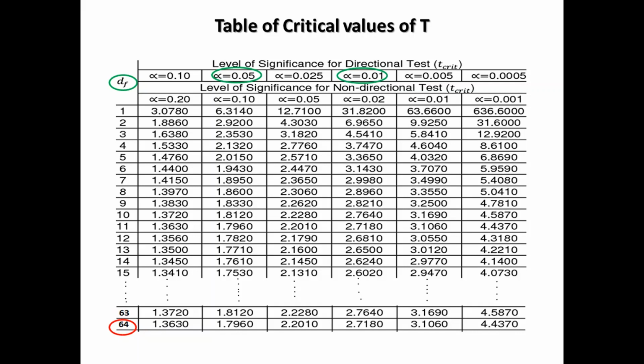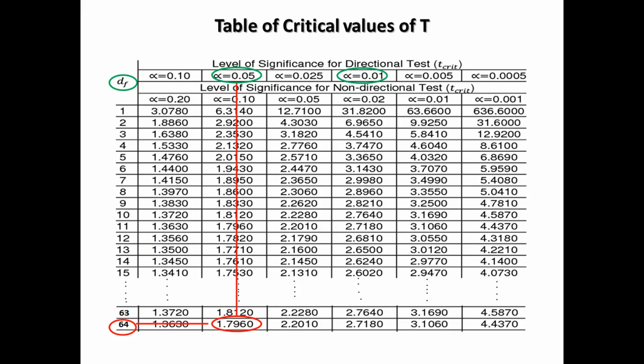The next step is looking for the value of t on the table that goes with the alpha and the degree of freedom. Alpha 0.05 and DF 64. Yes, it's 1.7960.